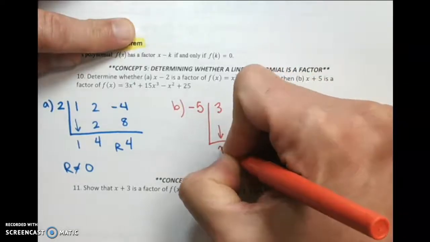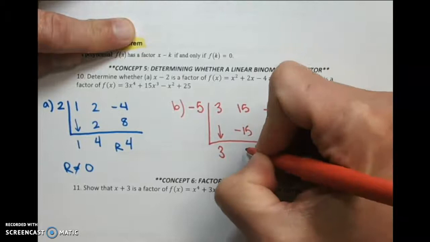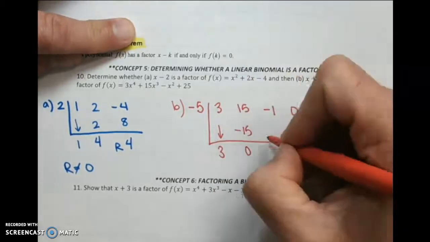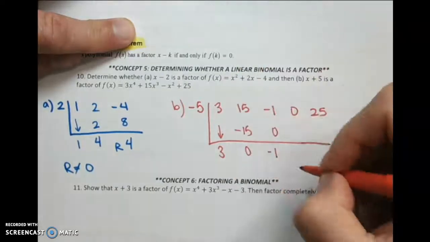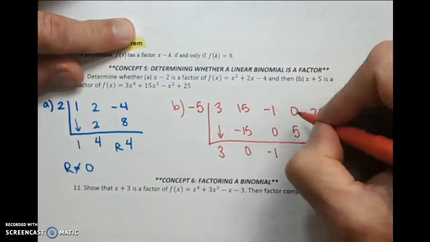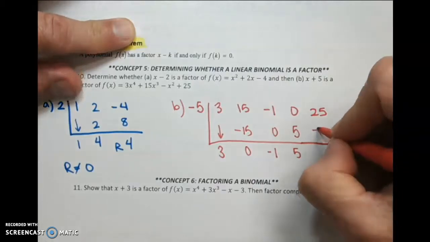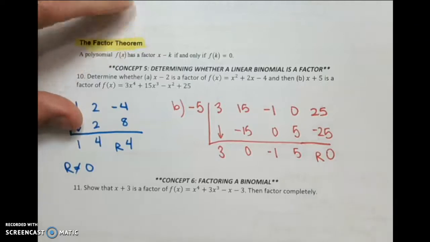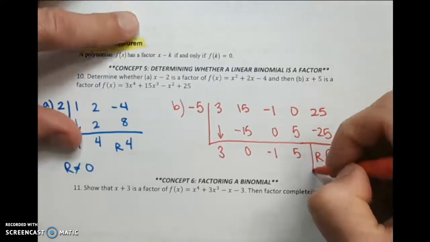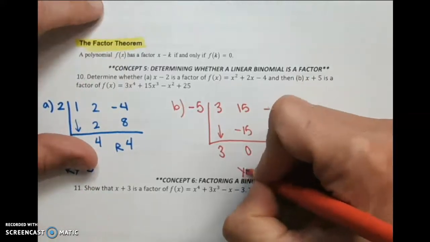Bring down that 3, multiply it by -5, I get -15. Combine those, and I get 0. Multiply that by -5, I get 0. Bring down the -1. Multiply that by -5, I get +5. Bring down that 5. Multiply 5 times -5, I get -25. And now my remainder is 0, and that is really what I was looking for. So yes, it is a factor.